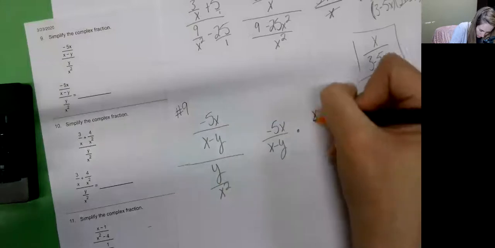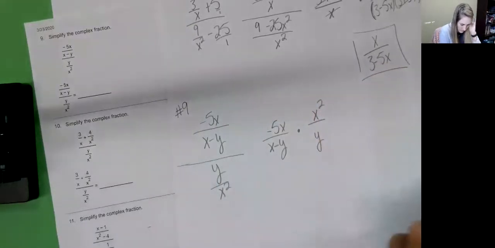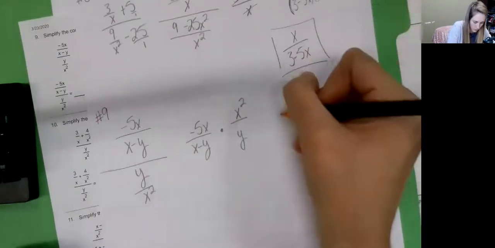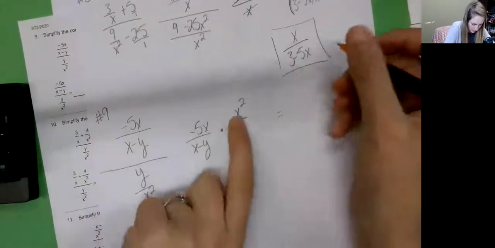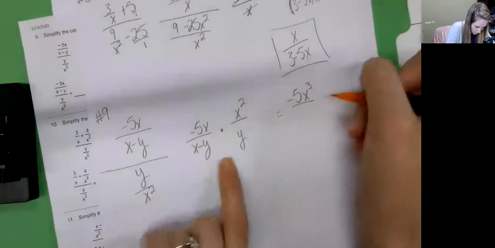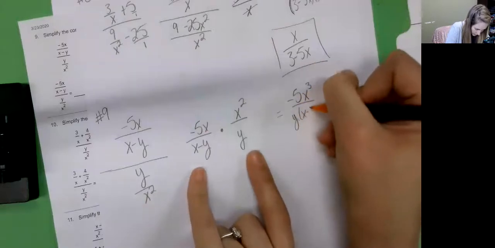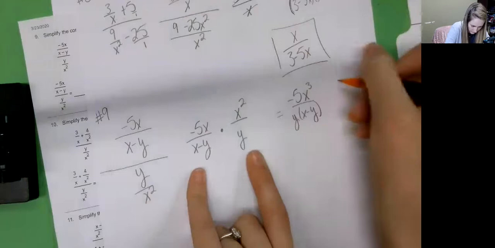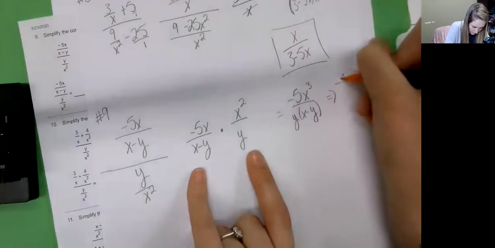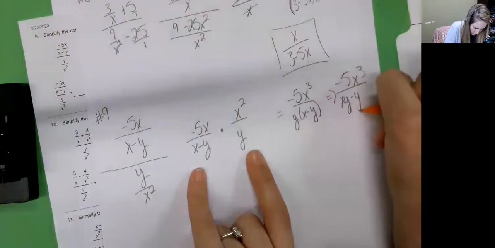Change, then flip: x squared over y. And then we'd multiply across. So we'd have negative 5x times x squared, so negative 5x cubed over, I don't know if we have to multiply this one out or not, so we're going to have y times x minus y, which would be negative 5x cubed over xy subtract y squared.